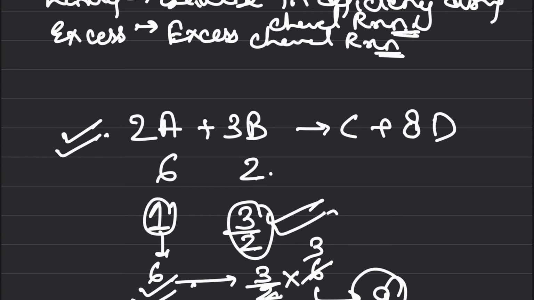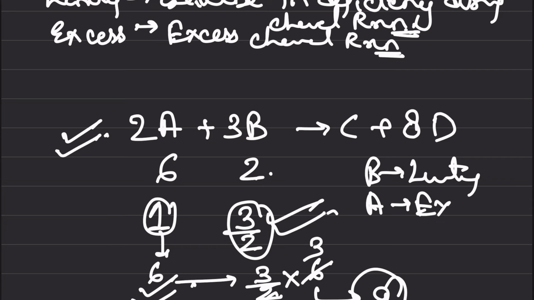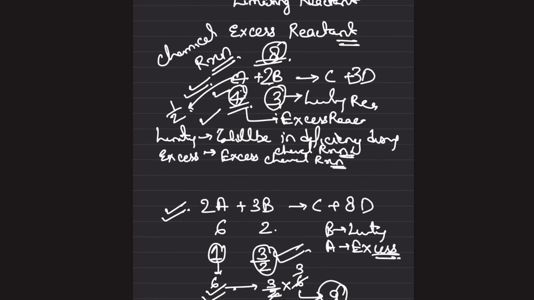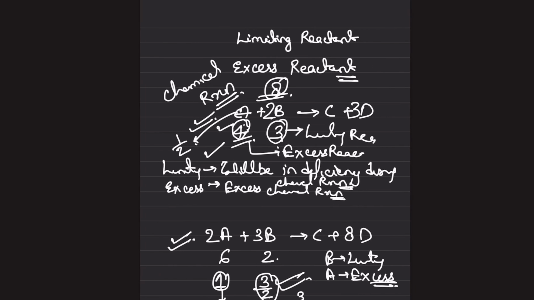But the moles of B are only 2, so B will be the limiting. B is the limiting and A is in excess. So this is the procedure by which we can clearly determine who is in the limiting case and who is in excess.